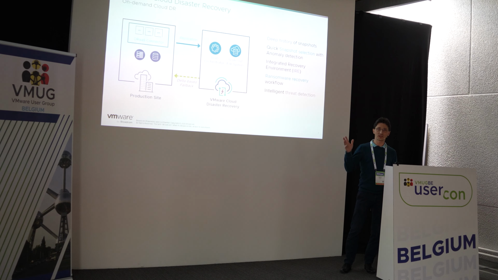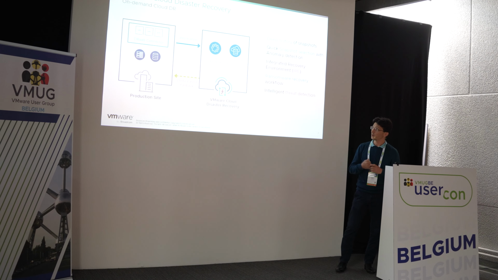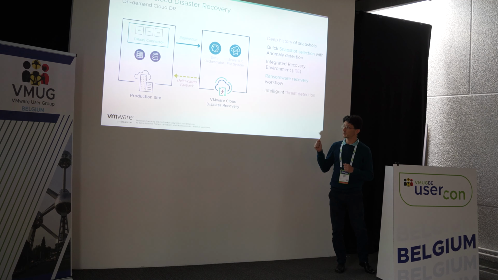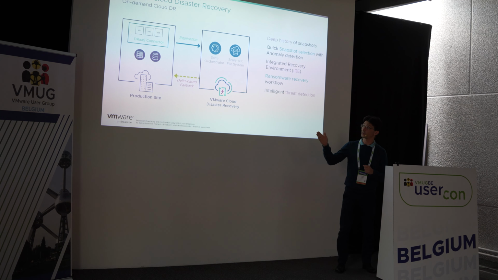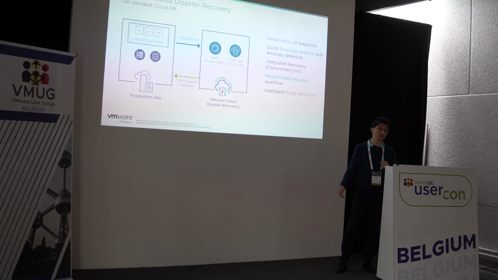So VCDR is focused on cloud DR. So you have a production site. While for SRM you have a pair and each site is the recovery site for the other, in the cloud scenario, you have an on-prem site and the replication goes to the cloud.